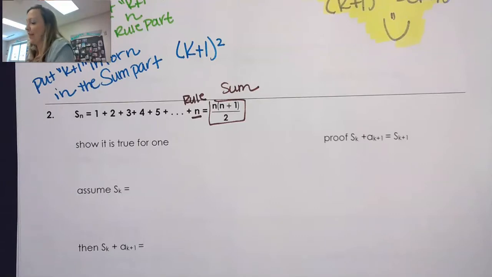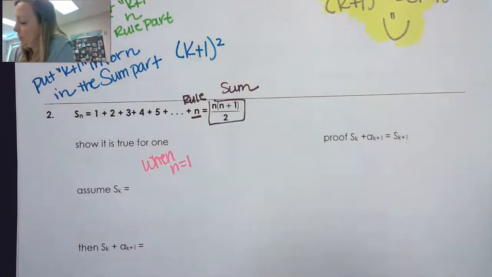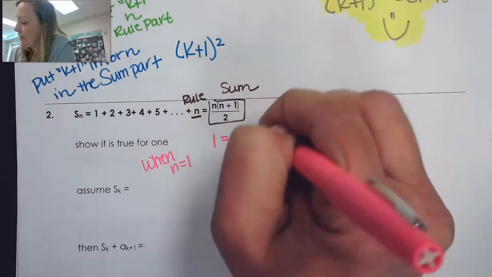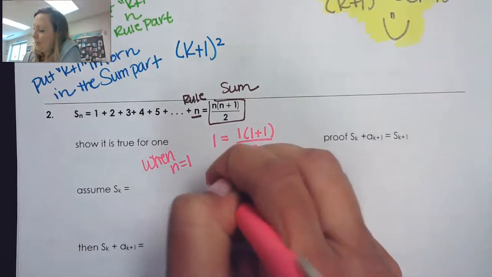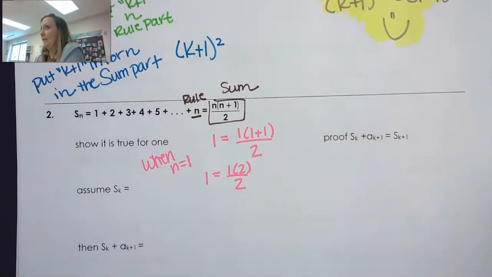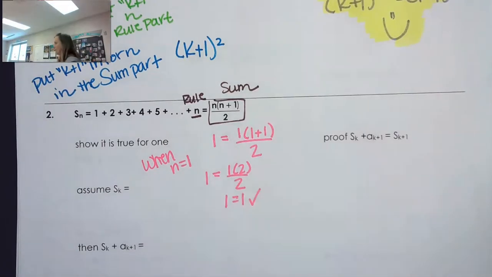So let's show that it's true for 1. When n equals 1, 1 equals 1 times 1 plus 1 over 2. So 1 equals 1 times 2 over 2. My 2's cancel. 1 equals 1. We're good to go, okay?